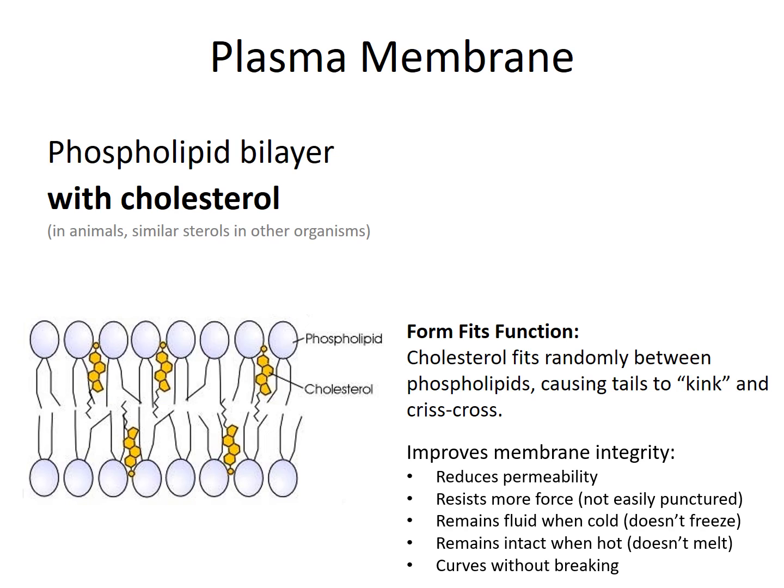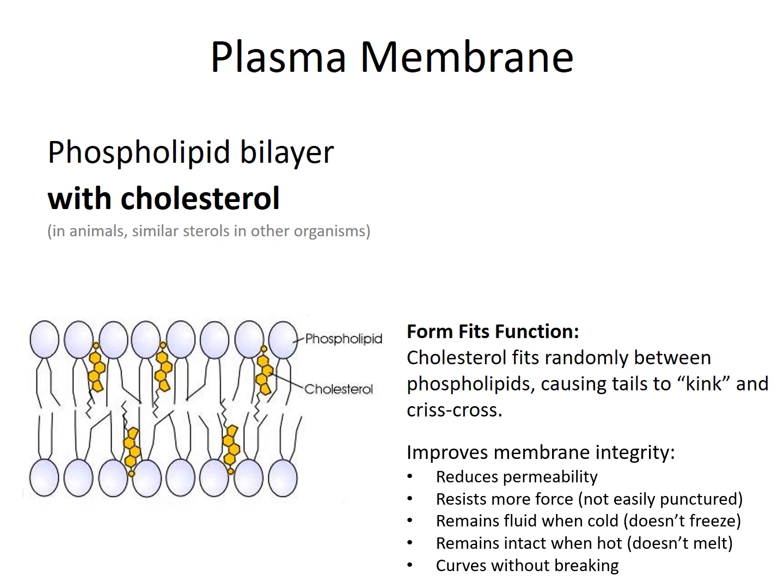It also increases the structural integrity of the membrane because it becomes more resistant to force. So if I were trying to puncture the membrane with a needle, it would not as easily be punctured because the cholesterols are present. The presence of cholesterols also allows the membrane to maintain its integrity in changing temperatures. So it remains fluid in colder temperatures, meaning it doesn't freeze and become brittle.